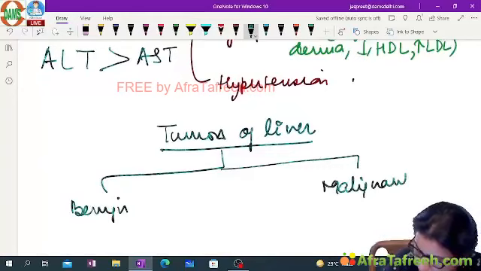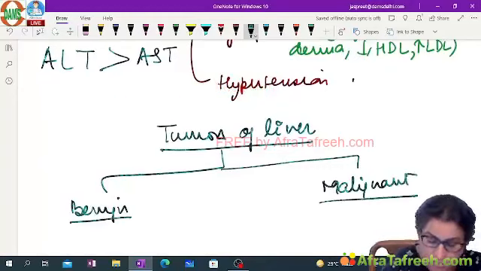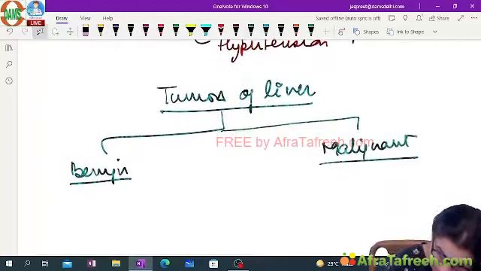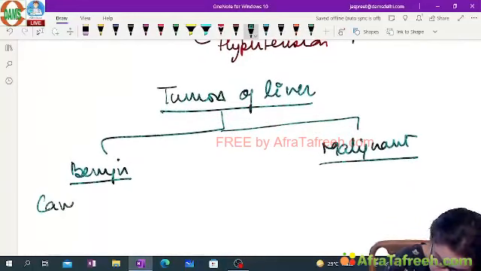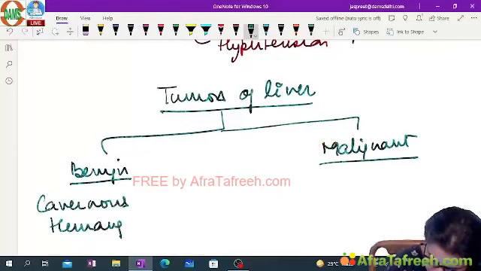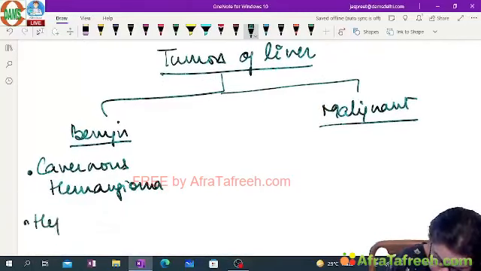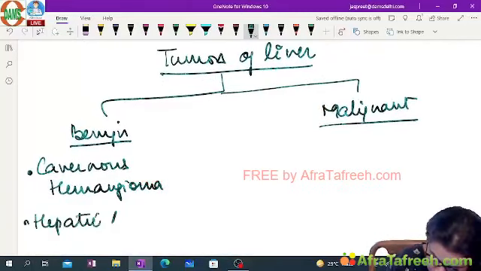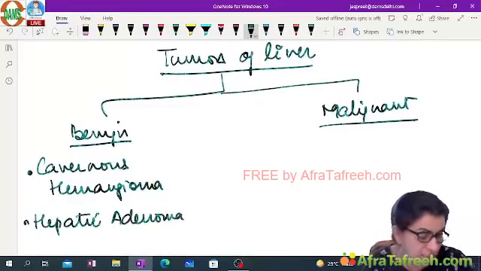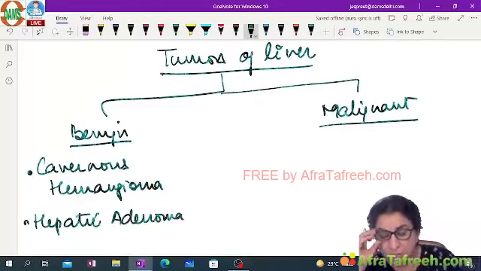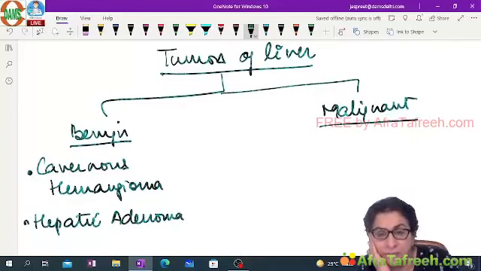In benign tumors of the liver, we will see two tumors: cavernous hemangioma, and the second benign tumor that we will see will be hepatic adenoma.